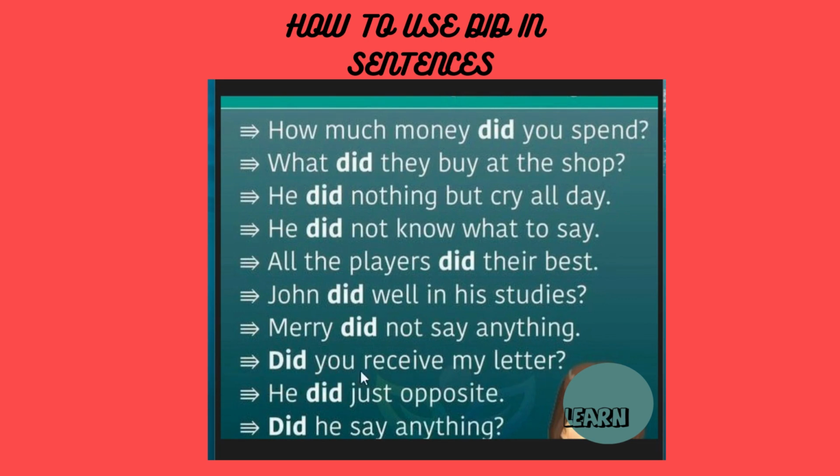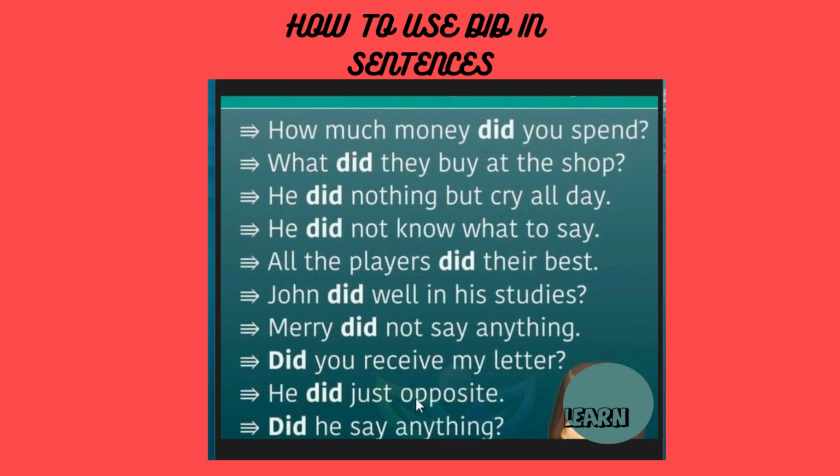If that person received it, he says, yes, I have received. Yes, I received. No, I didn't receive. That is how we get the answer. No, I did not receive. Yes, I received. That is how we say.